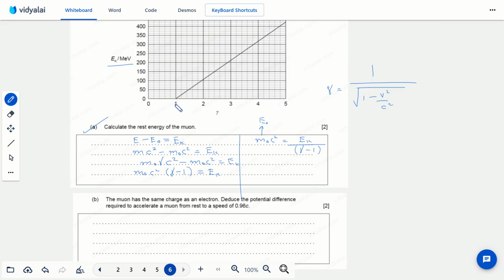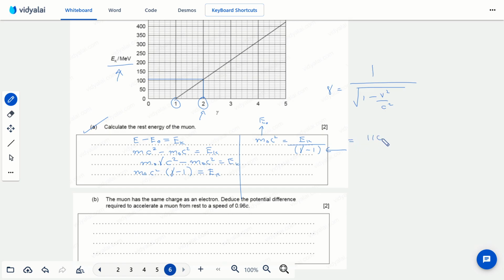So I'm going to choose 2 for gamma, because we cannot have 0 in the denominator, and it makes it easy for me to calculate this rest energy if I have a unit in the denominator. So for a gamma value of 2, I will have 110 as the kinetic energy.